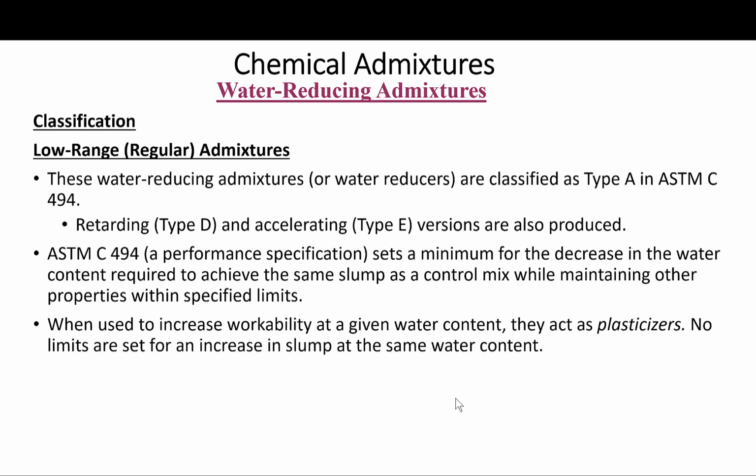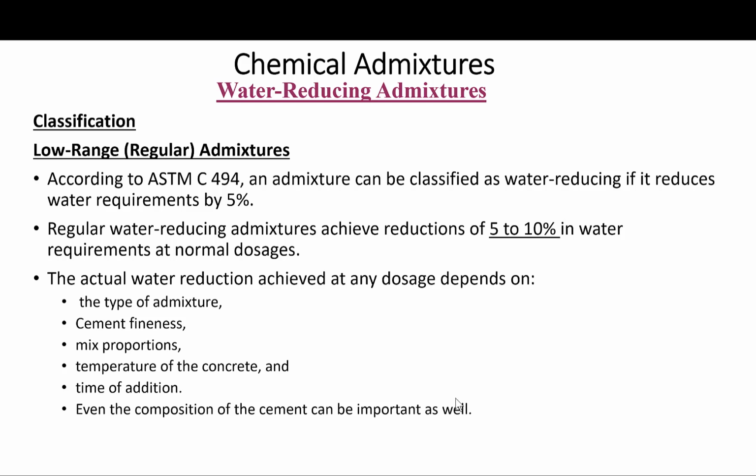Okay, when used to increase workability at a given water content, they are acting as plasticizers. In this case, no limit is set for an increase in the slump at the same water content. According to ASTM C494, an admixture can be classified as a water reducing admixture if it reduces the water requirements by 5% under this criteria.